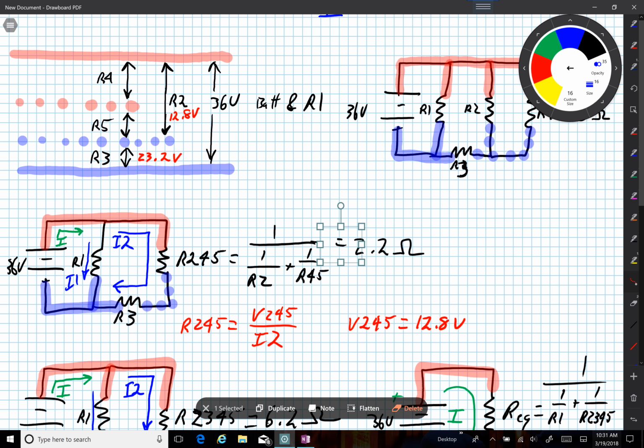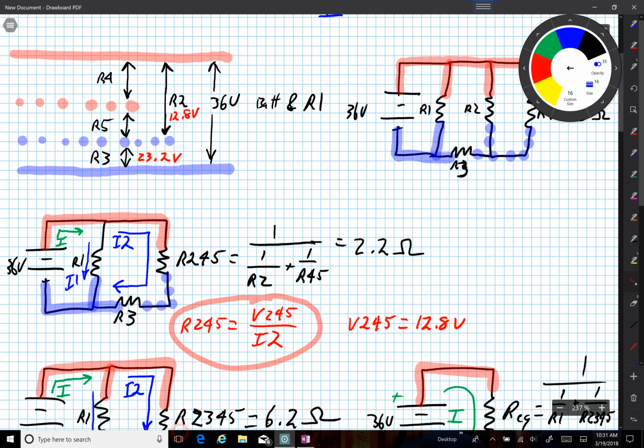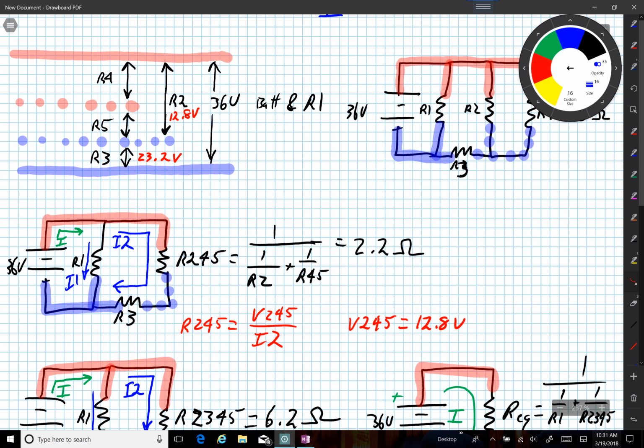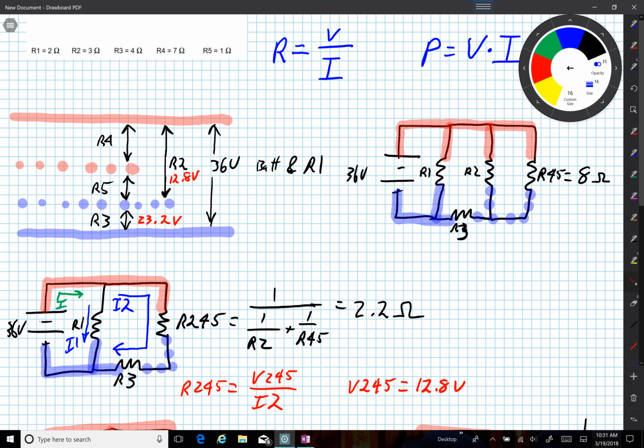I could calculate it with the same Ohm's law equation. I could do this calculation for resistor R3, but I'd have to come up with 23.2. Okay, so anyway, we have 23.2 now. Now we've put that information into our ladder diagram.